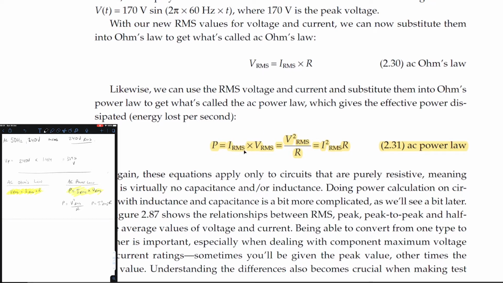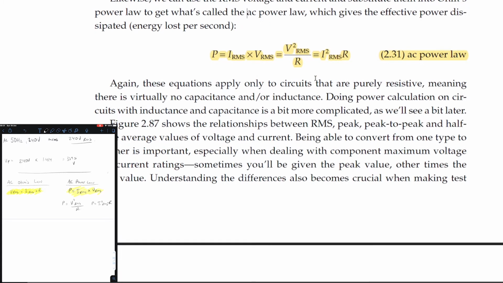So basically the AC power law is power dissipated is equal to the root mean squared current multiplied by the root mean squared voltage, right? And then obviously you can manipulate V equals IR to get these two equations as well. Again, these equations apply only to circuits that are purely resistive, meaning there is virtually no capacitance or inductance.